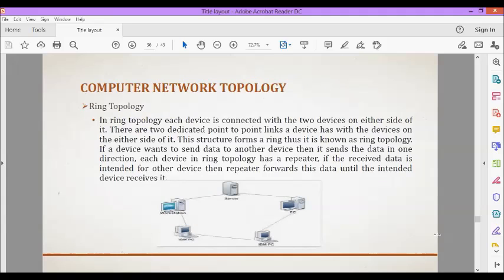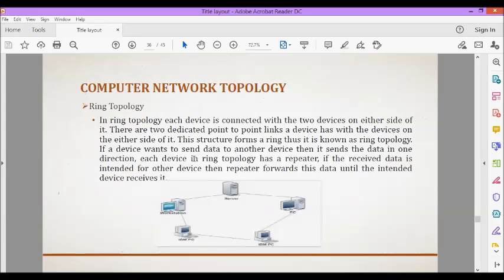In ring topology, each device is connected with the two devices on either side of it. There are two dedicated point-to-point links a device has with the devices on either side of it. This structure forms a ring, thus it is known as the ring topology.